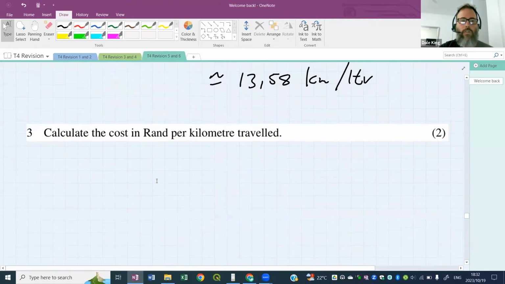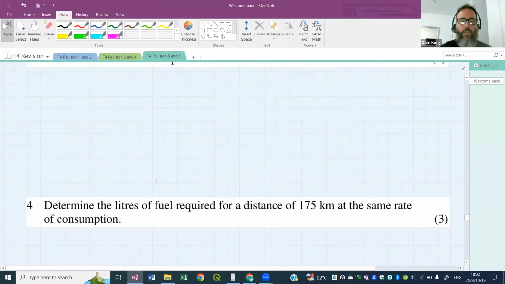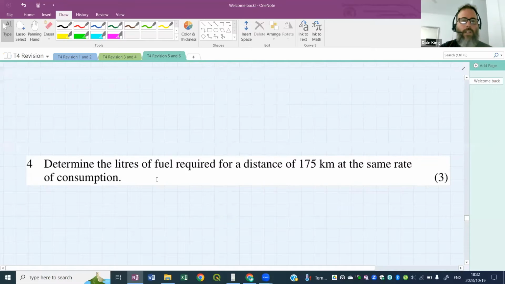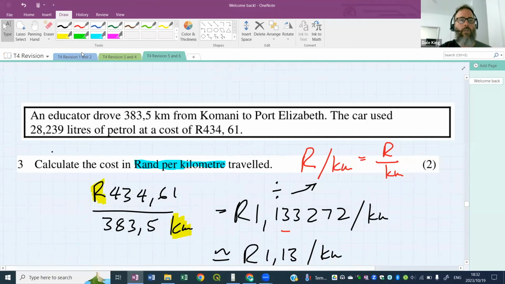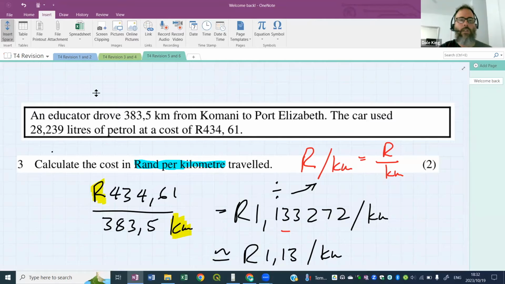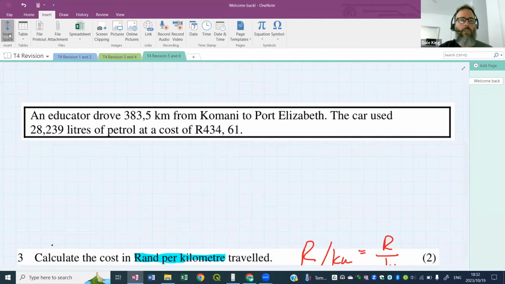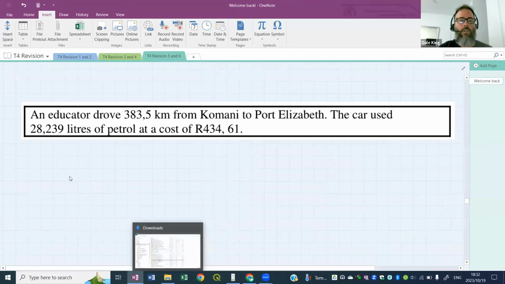We've answered question 3. Here's question 4. Determine the liters of fuel required for a distance of 175 kilometers at the same rate of consumption. Let's bring this question up, and I'll squeeze it in underneath the contextual information so you can see it.